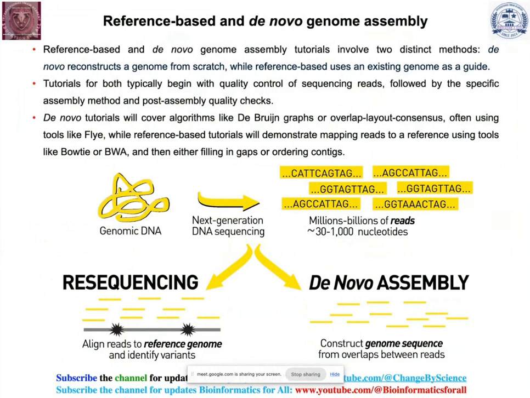For example, you can check the Ensembl BioMart database, and you can also check the NCBI database. So in one case the reference genome is not available, that is de novo, and where you have a reference genome, that is reference-based genome assembly.